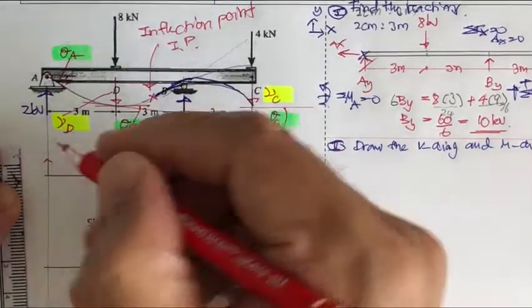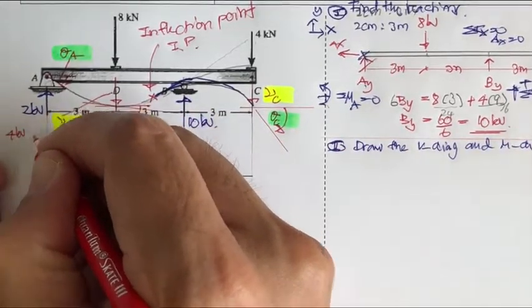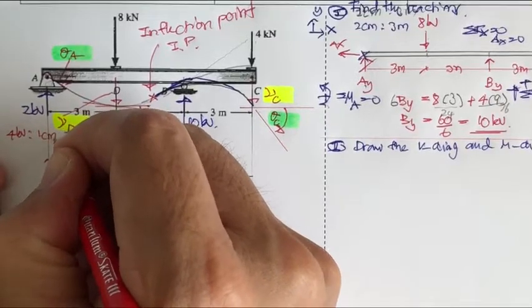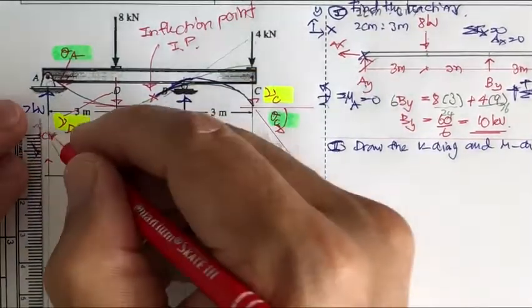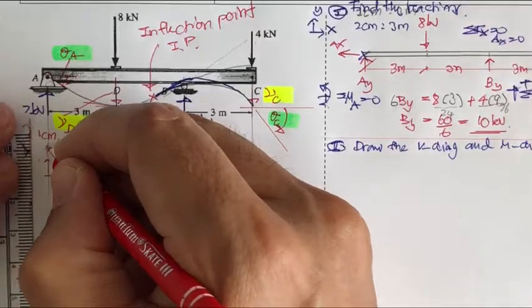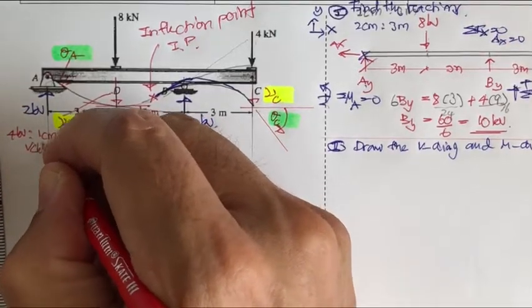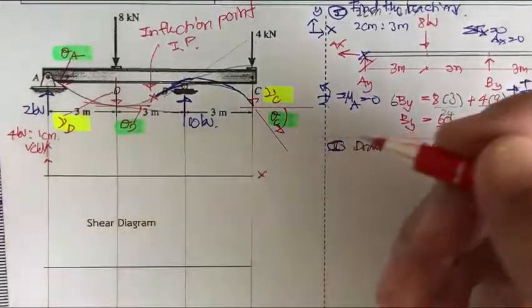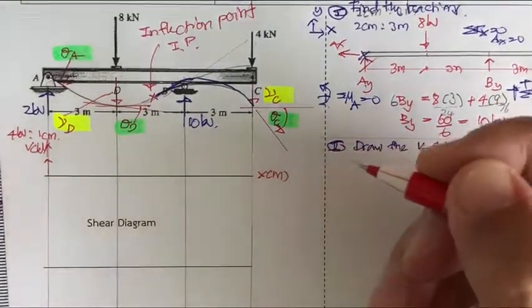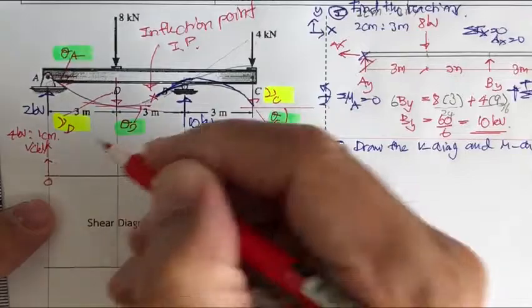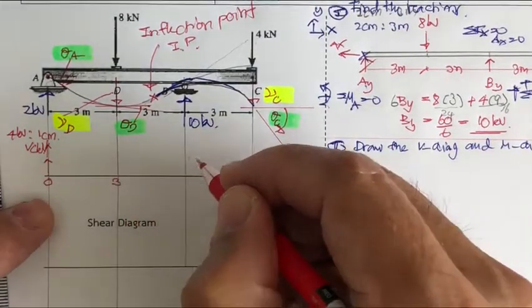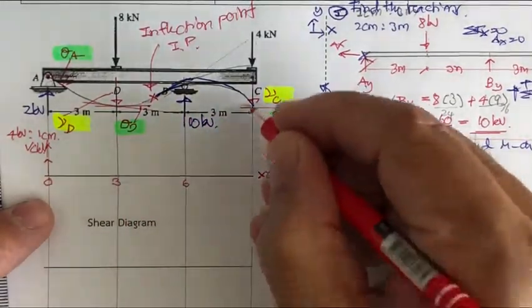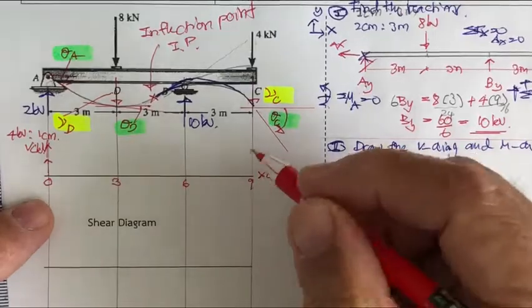Okay, let's say we have 4 kilonewton for 1 centimeter, if you like, and then you put this as the V kilonewton. Okay, and this is going to be X meter, and then you get this for 0, you get this for 3, you get this for 6, and you get this for 9.